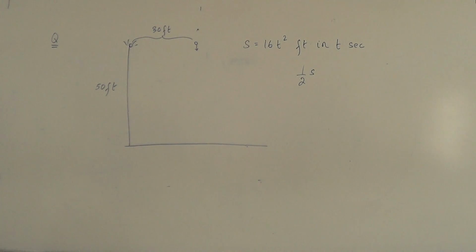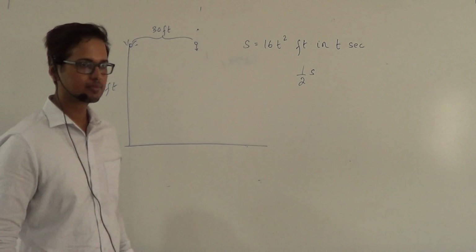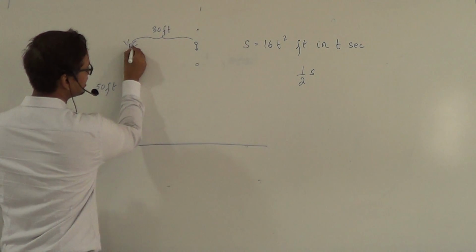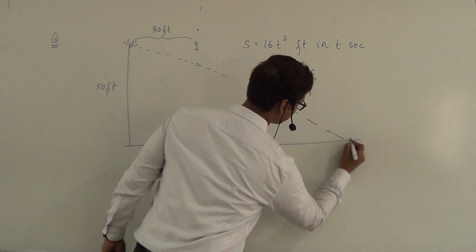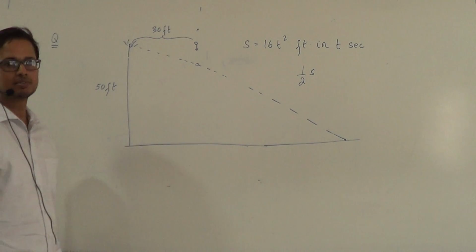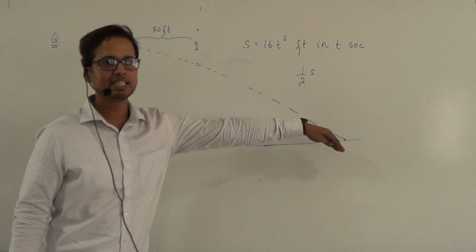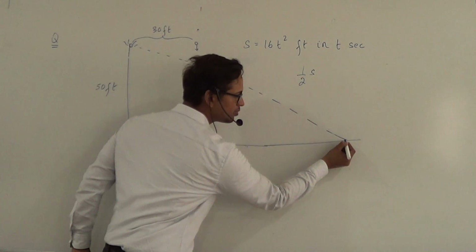Is the idea clear? 16 t square feet it falls. Shadows form on the ground. Exactly. So let's say ball is here, then this light will cast a shadow here. Right? So just make a line connecting the lamp and the ball and extend it till it reaches the ground. This will be the shadow of the ball.